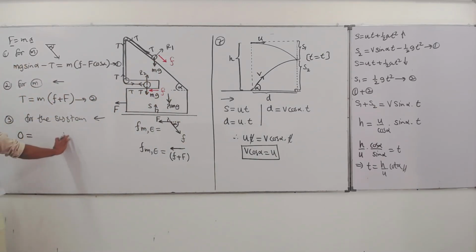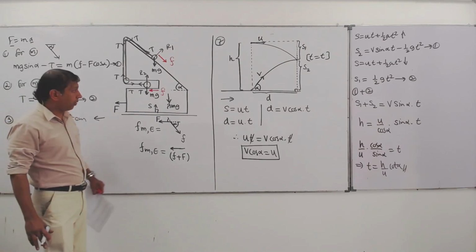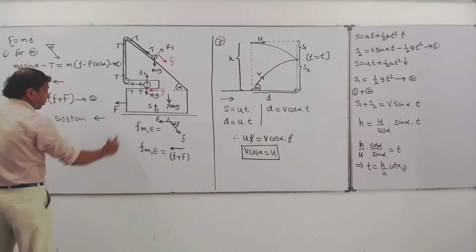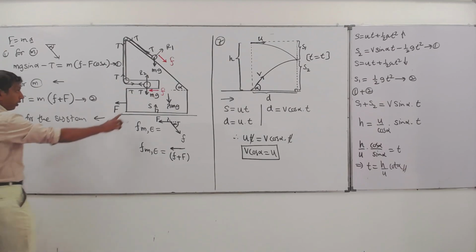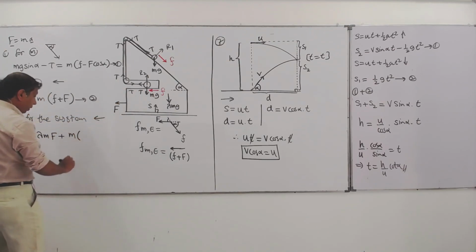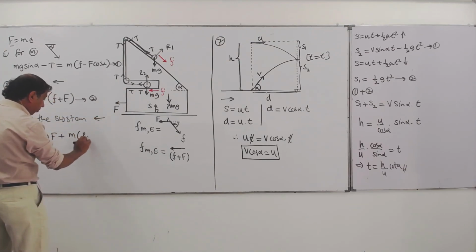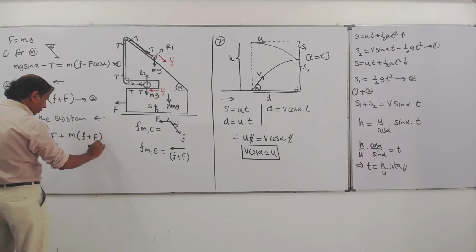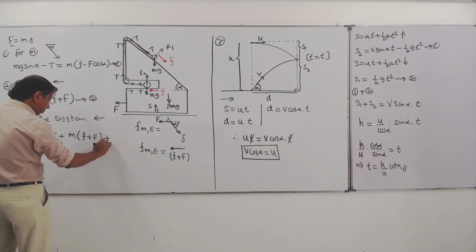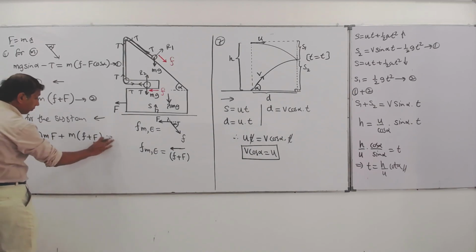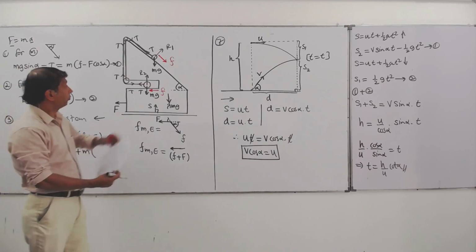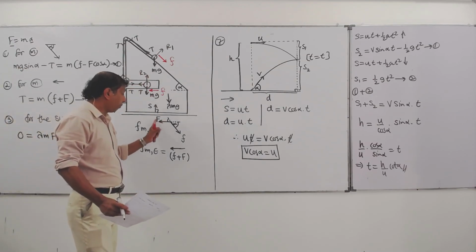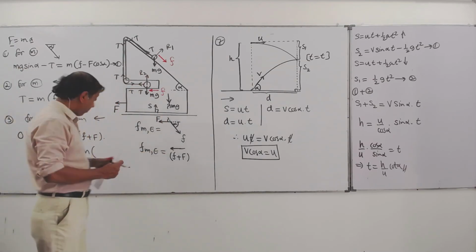Then on the right hand side we must write the sum of the product of mass and acceleration. First one is the wedge, lambda m capital F. This particle, small m, acceleration is small f plus capital F. The other particle, its acceleration is small f minus capital F cos alpha.